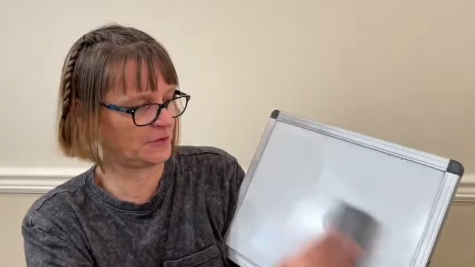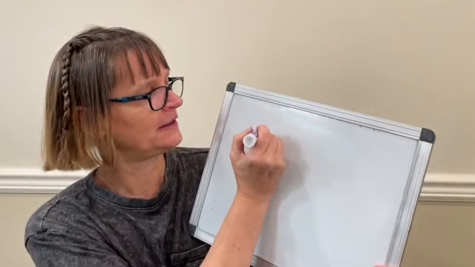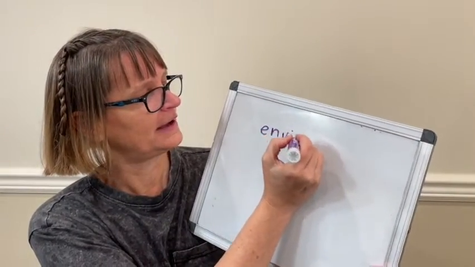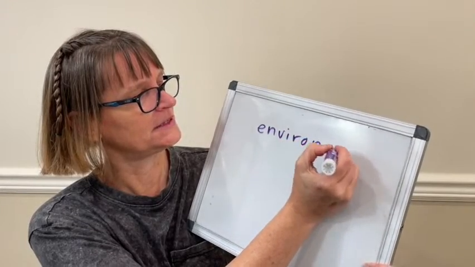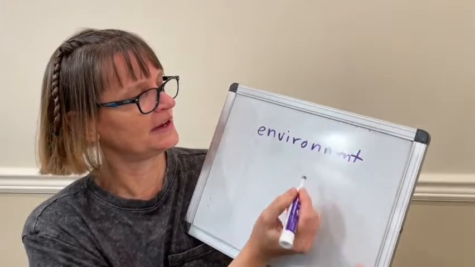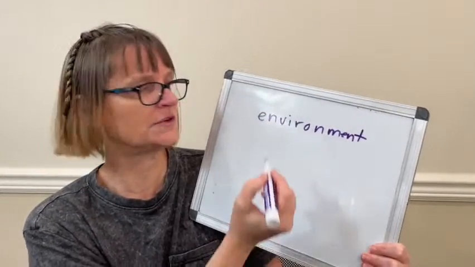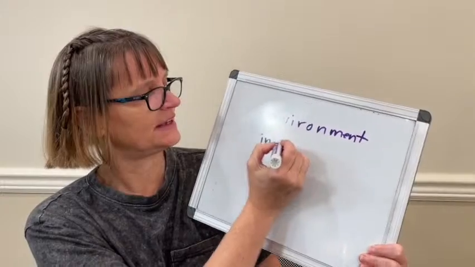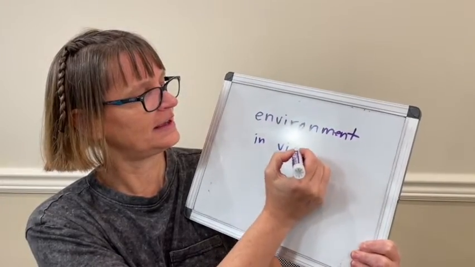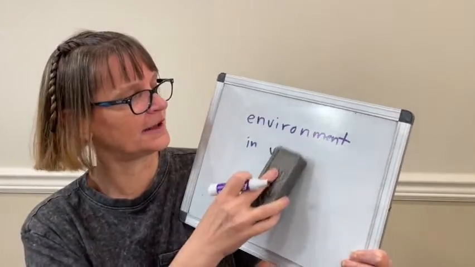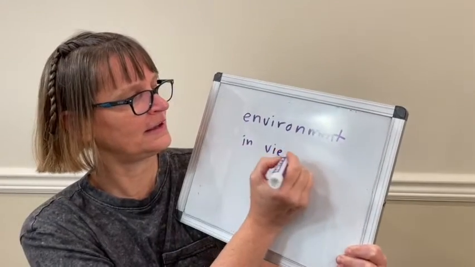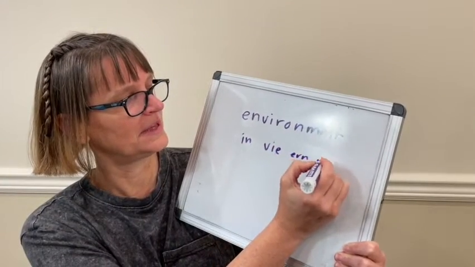We have a question about the word environment. I do have a video for this word as well. The trouble here is it looks like environment, but we often will say this as environment. Sorry, no R yet. Environment.